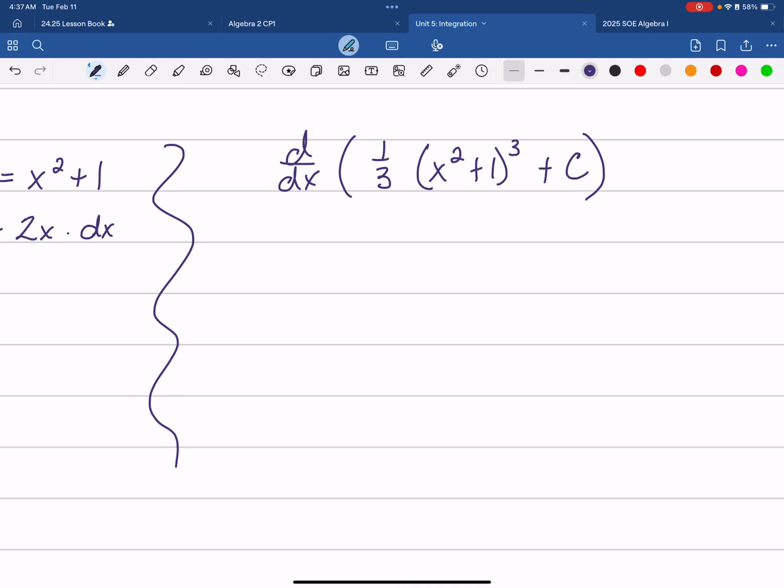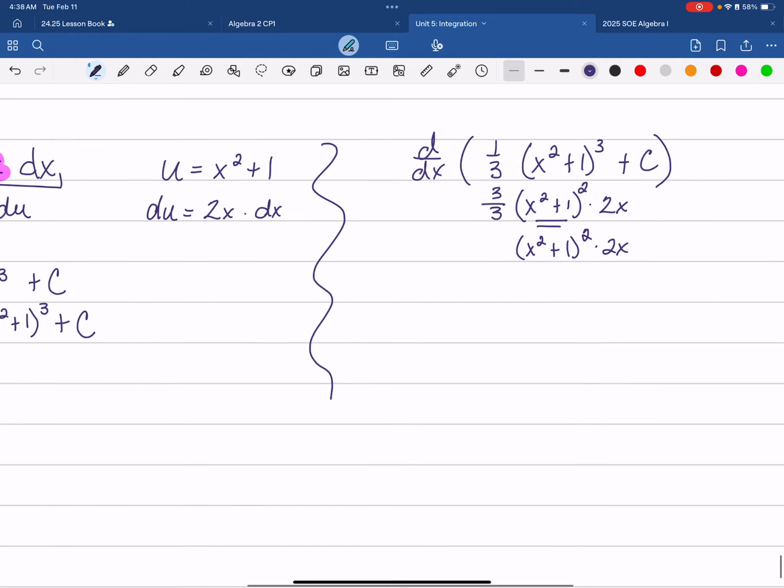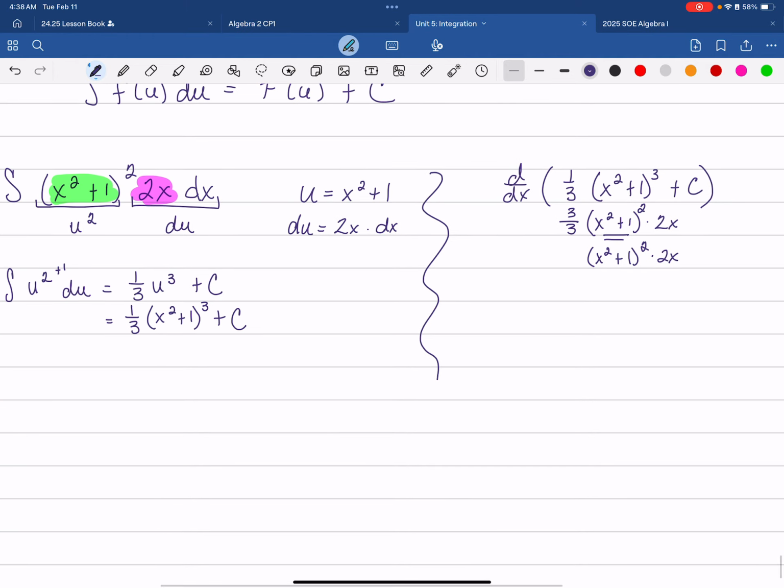I bump the 3 to the front, so I have 3 over 3 times (x squared plus 1), and the exponent bumps down to a 2. Then I multiply by the derivative of the inside, which is 2x. So I end up with (x squared plus 1) all squared times 2x. And the derivative of c is just 0, so that goes away. Notice that's the same thing as my integrand that I started out with, so that checks, because these are inverse operations, so they're undoing each other.